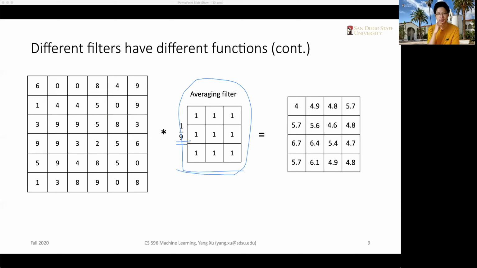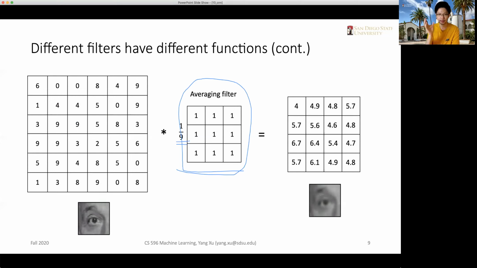If we apply this averaging filter onto the original image, say we have this eye, it will create some blurring effect.